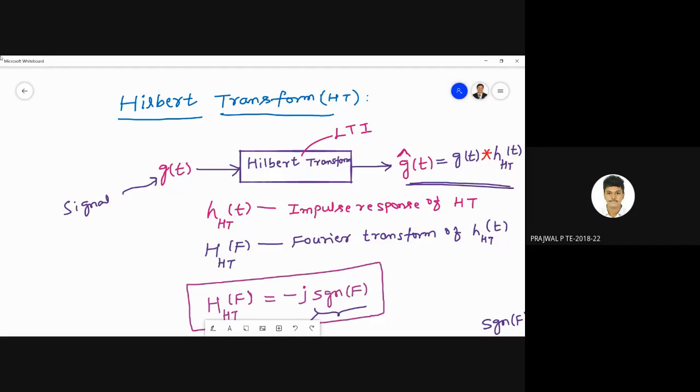It is a phase shifter, sir. Quadrature phase shifter. It shifts positive frequencies by negative 90 degrees and negative frequencies by positive 90 degrees.